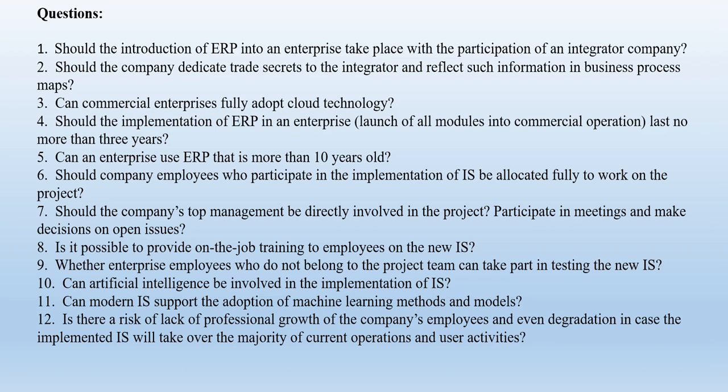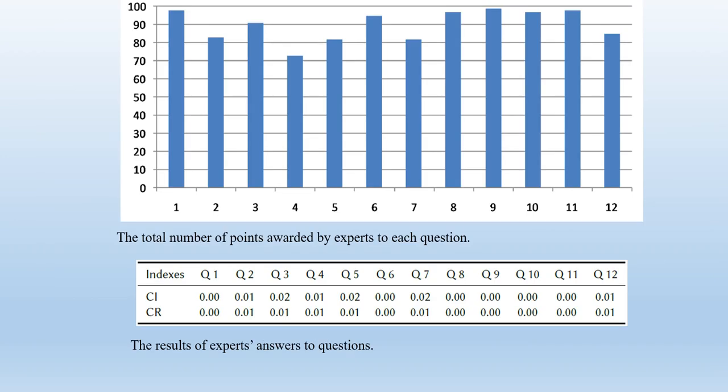Consistency of expert opinions was determined using the Saaty method. Questions are shown on the slide. The total number of points awarded by experts to each question, according to the values of CA and CR, which are presented in the table. It can be concluded that the experts' opinions about each question of the questionnaire are consistent, since they do not exceed 0.2 and 0.1 respectively.